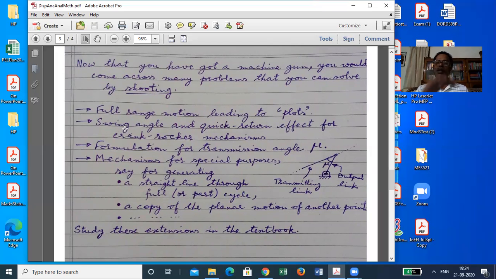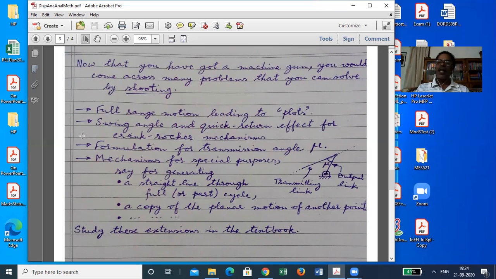So the angle through which it goes and comes back is called the swing angle. And most of the time, except for a very singular case for which you can find out the condition, one part is quicker compared to the other, if the input crank is rotated at a uniform speed.